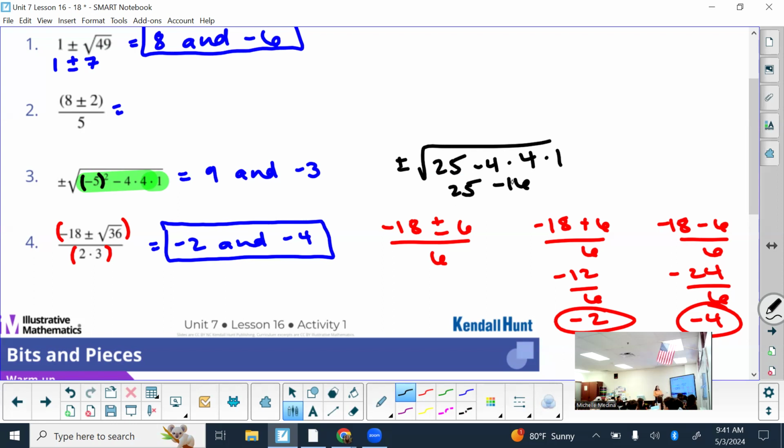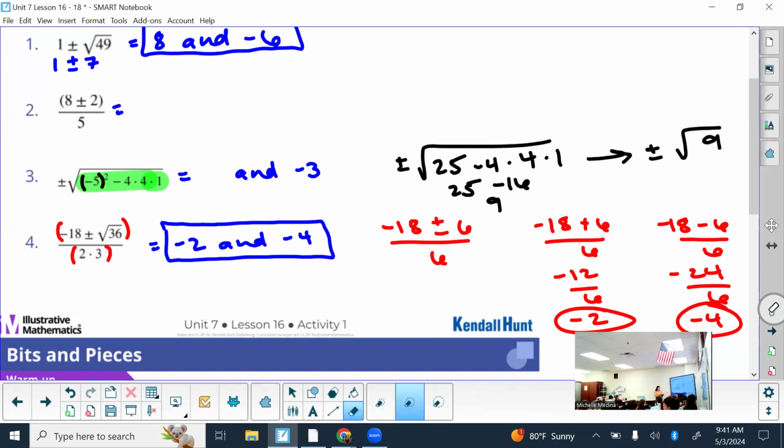Now what's 25 minus 16? Okay, so this, I did some scratch work here, becomes plus or minus the square root of 9. What is the square root of 9? And then because of that plus or minus, we should have a positive 3, so change this 9 to a positive 3. And a negative 3.